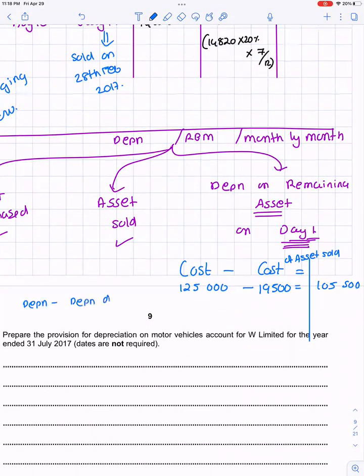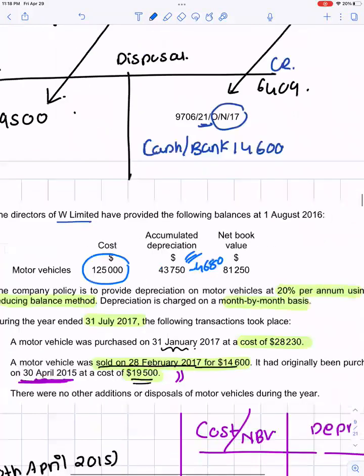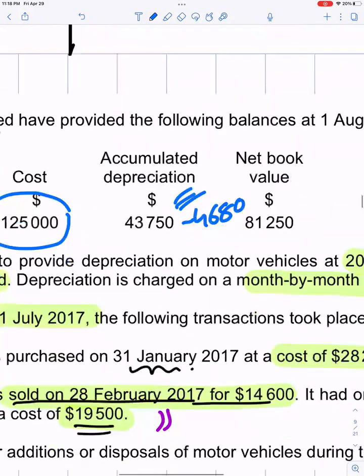First, let's do this: depreciation minus depreciation. What is the depreciation on day 1? 43,750.